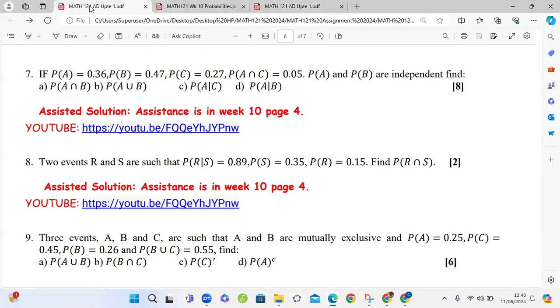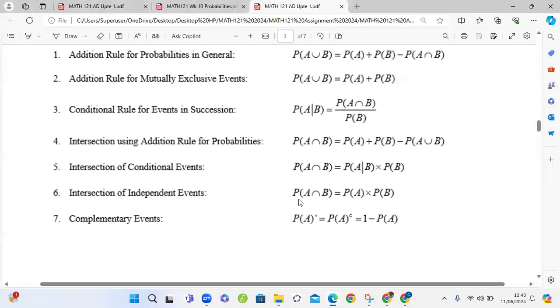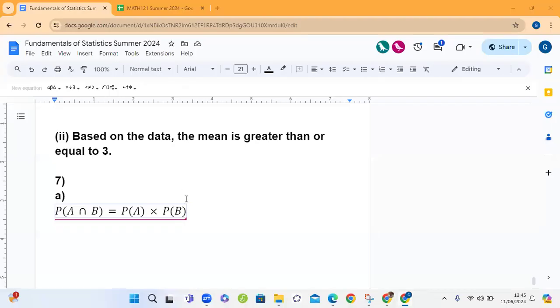And if you notice, the question says A and B are independent. So to calculate the intersection, we've got to use formula number 6. Here it is. So bear in mind, you only use this formula for events that are independent, and the question will tell you if events are independent.